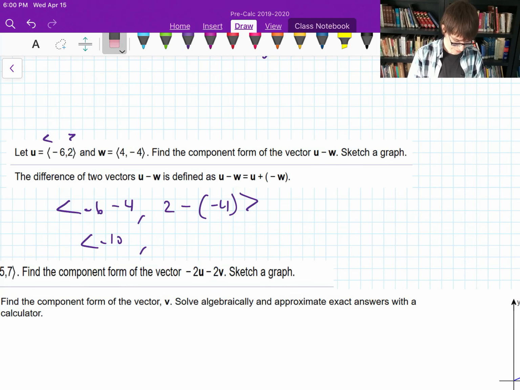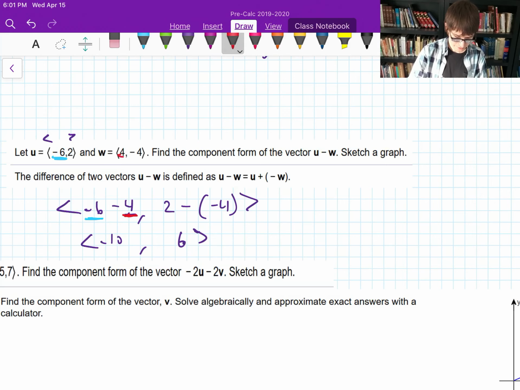So I'll write 6. Let me be clear on what we're doing here. Let me make sure that the matchups are very clear. This -6 is that -6, and this 4 is that 4.